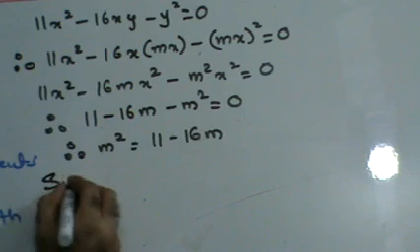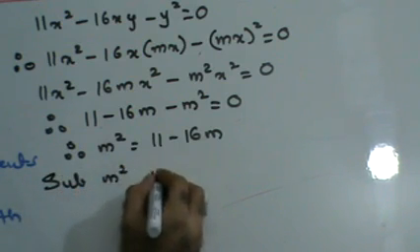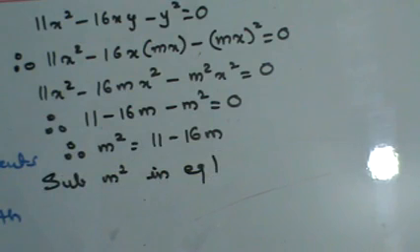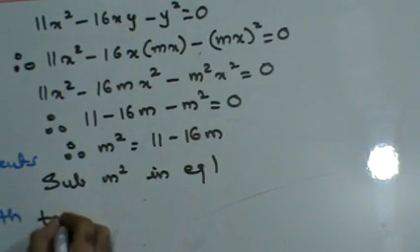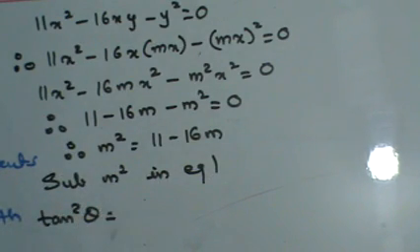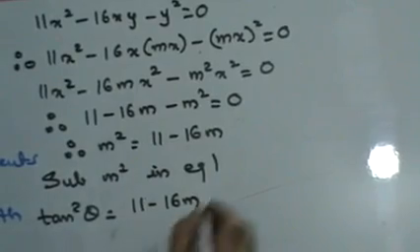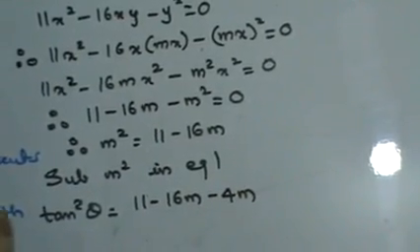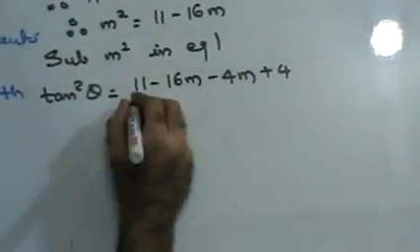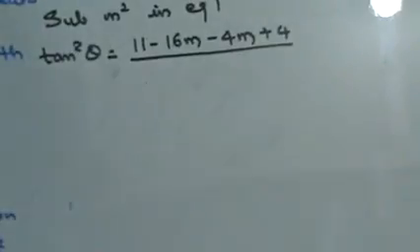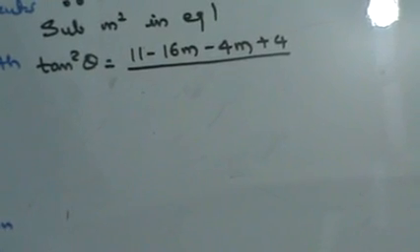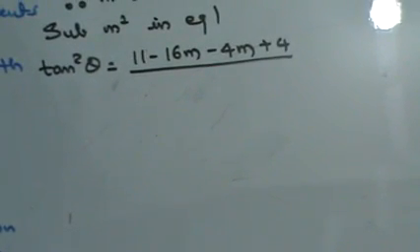Now I could substitute that value of m square in equation 1. If I substitute m square in equation 1, I will get tan square theta is equal to, instead of m square I can write 11 minus 16m, minus 4m plus 4. Similarly, in the denominator also I can substitute m square as 11 minus 16m.